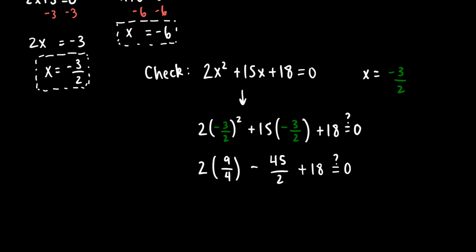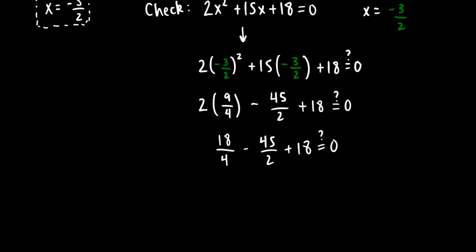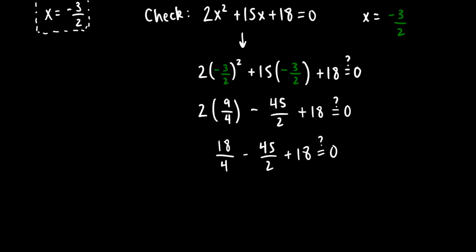All right, so this is going to be 18 fourths minus 45 over 2 plus 18 is supposedly equal to 0. And what I was hoping to be a rather simple solution turned into some serious fractions. Hey, let's reduce 18 fourths and get it so that it has the same denominator as this.